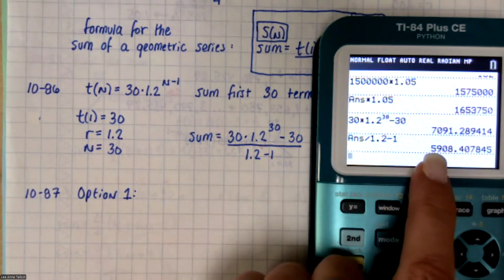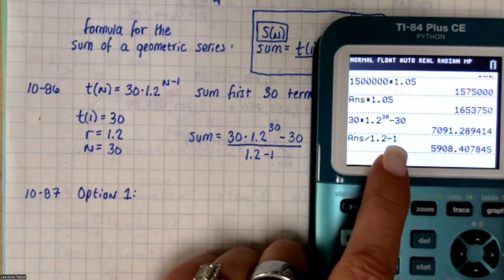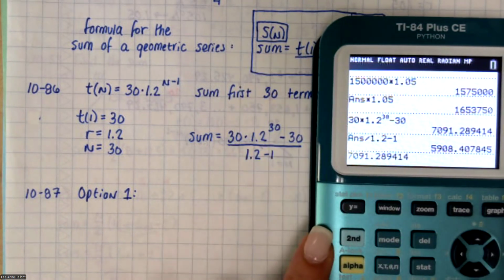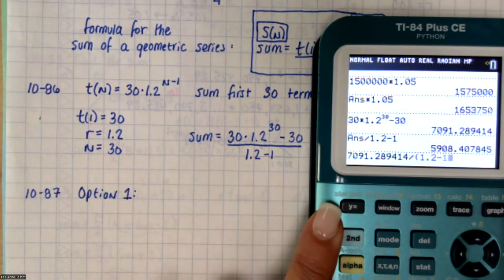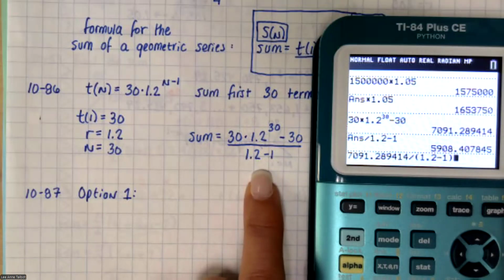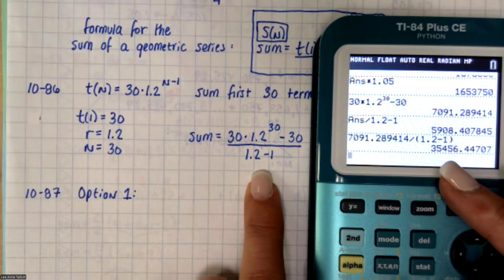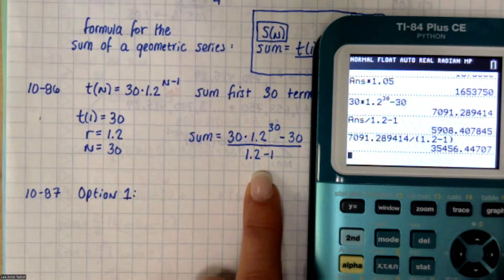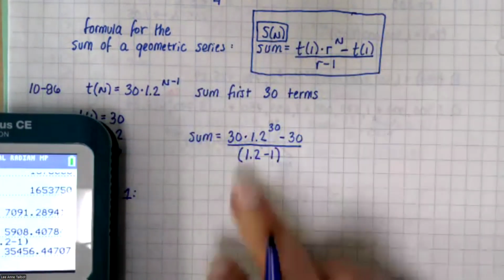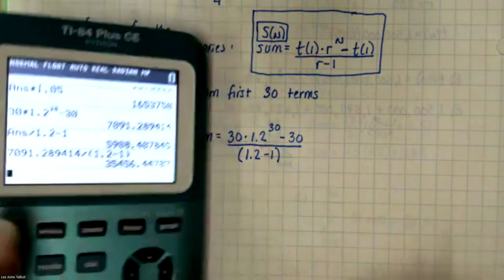It's going to divide this by 1.2 and then minus 1 from the whole thing. If you want to do it in one swoop like this, you would have to put parentheses around the 1.2 minus 1. I'm too lazy to type all that, so I just did 1.2 minus 1 was 0.2. This is the correct answer. So be very careful, use parentheses. And to be honest with you, a lot of times I ask students to just write that because it's much easier to remember for the calculator.